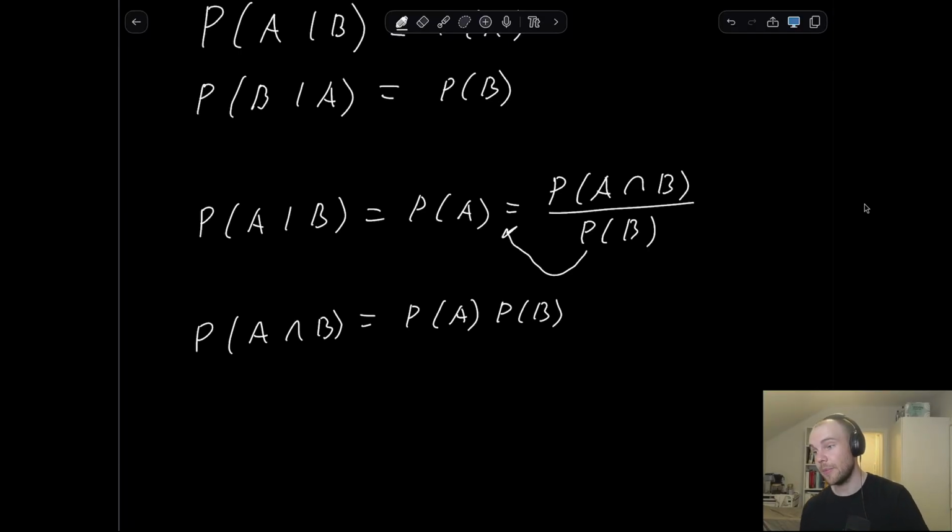So if they're independent, we can ask what's the probability of two separate events, and it's just multiplication, which is what we want.